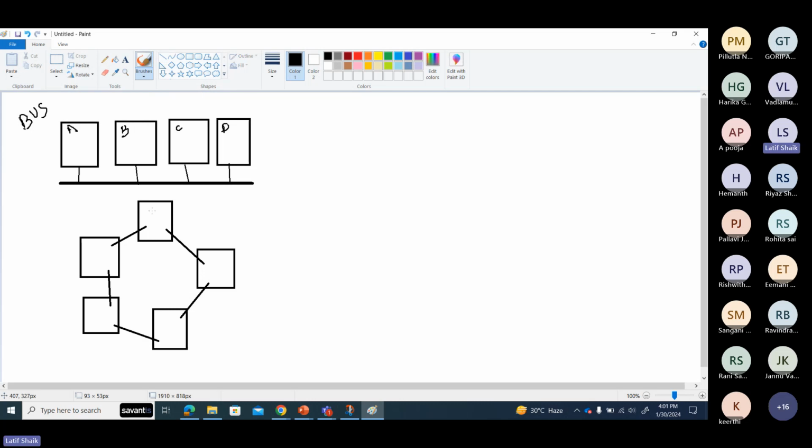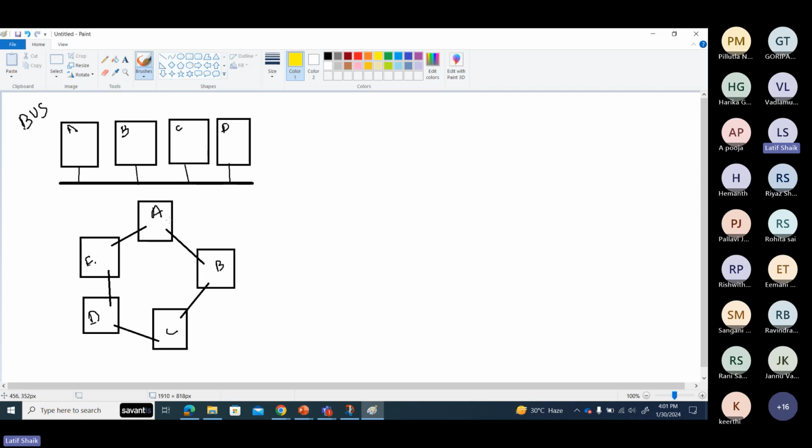But it works based on some algorithms. You have to define and configure how it should communicate. For example, this is A, B, C, D, E. If A wants to communicate with C, there is only one way direction.